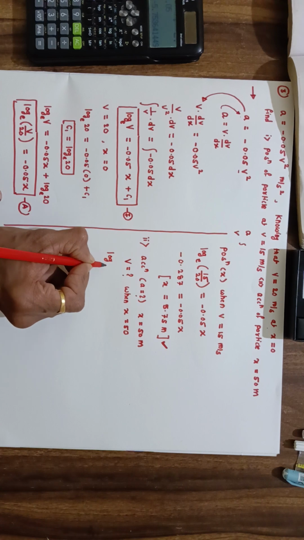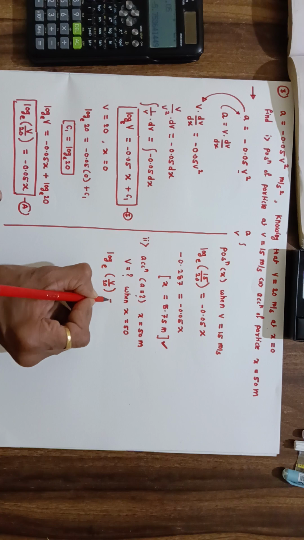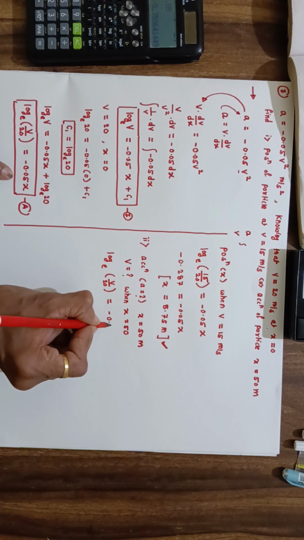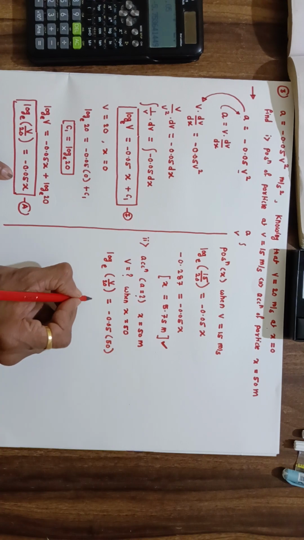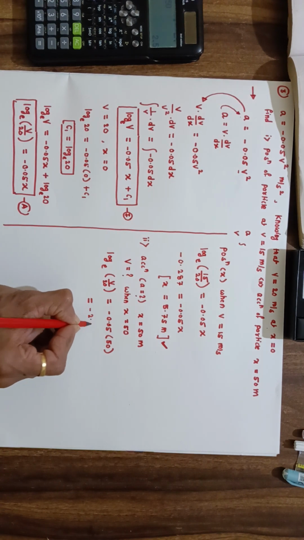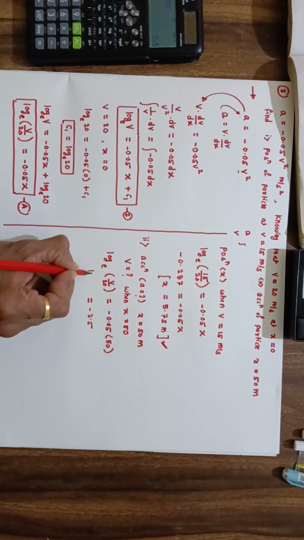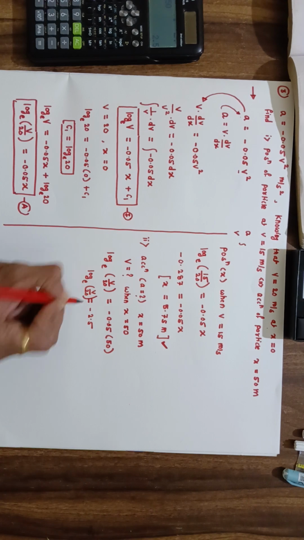So it is log to the base e, v upon 20, this is equal to minus 0.05, x is 50, so this is minus 2.5, and this is log to the base e, v upon 20.